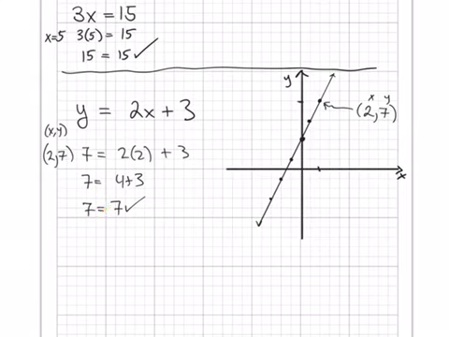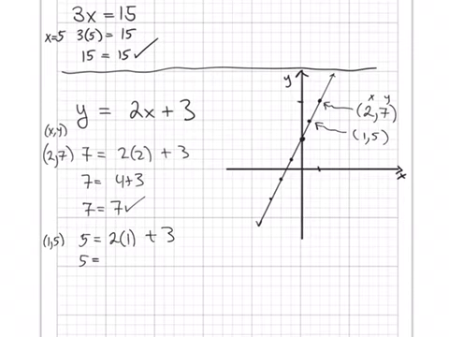I could pick another point from that line, like the point 1, 5. And I could take the coordinates 1, 5, and I could replace the variable y with the number 5, and I could substitute in the number 1 for the variable x. On the left I have 5, and on the right I have 2 times 1, which is 2, plus 3, which is 5. So again, the equation is satisfied.